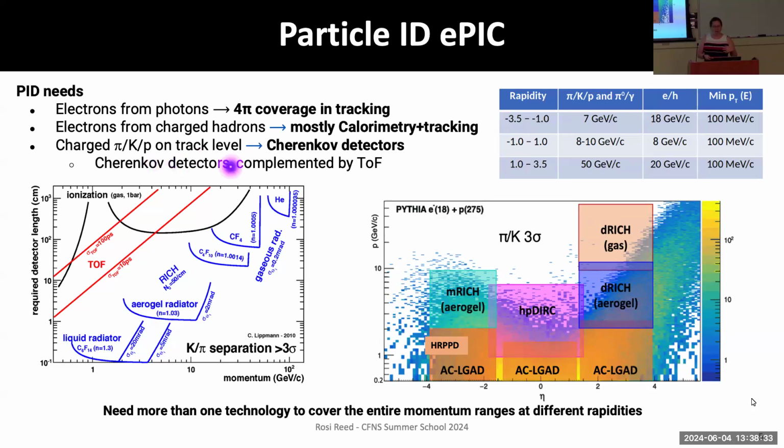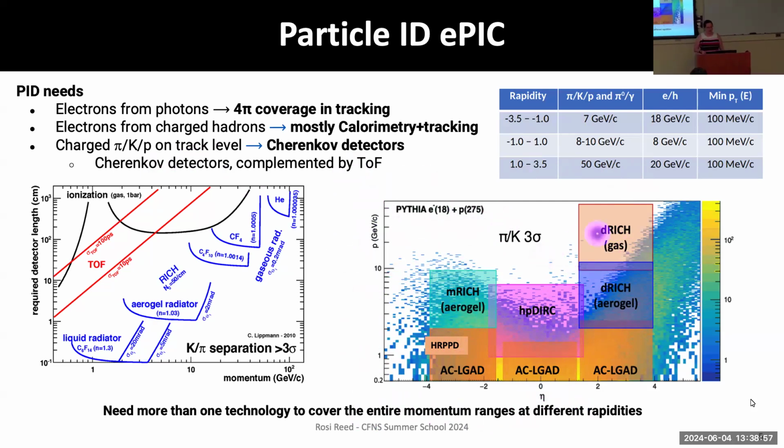I'll repeat this plot again as well. What this is showing is now the rapidity of the detector and the momentum along the z-axis. This is showing events from some Pythia simulations. Basically these boxes are showing where each different detector technology we're using at EPIC will be able to do PID.